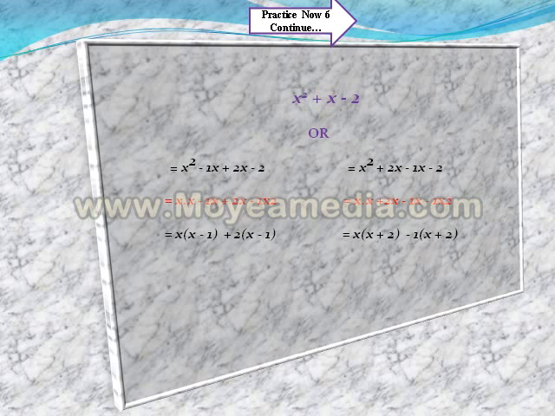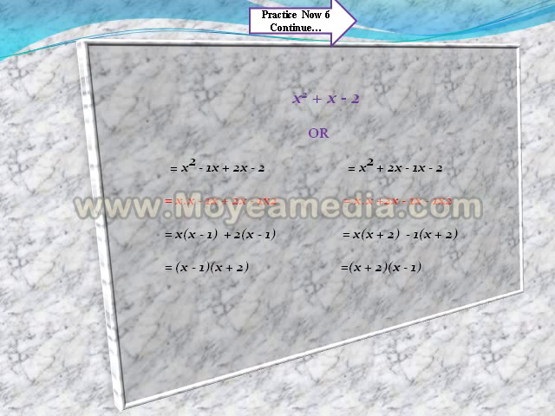On the right side, in the first term, x is common, and what remains is x plus 2. In the third and fourth terms, minus 1 is common, so x, and remember I told you when you take minus as a common factor, if there is minus it will become plus, and if there is plus it becomes minus. Here it is minus, so it becomes plus now.